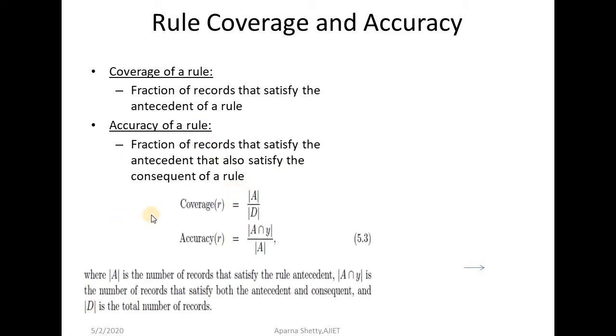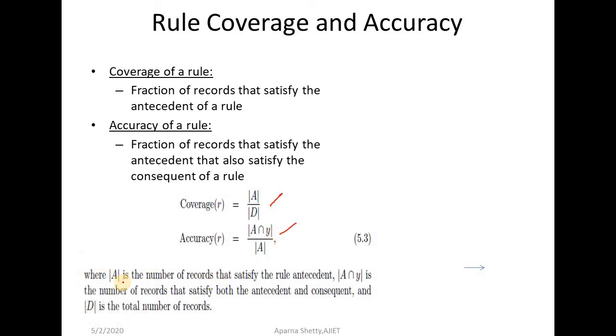Okay, and coverage is given by mod A divided by mod D. Okay, that is, coverage is nothing but fraction of records that just satisfy the rule antecedent. Okay, accuracy is fraction of records that satisfy the antecedent and which also satisfies the consequent. Okay, so these are the two formulas for rule coverage and accuracy.